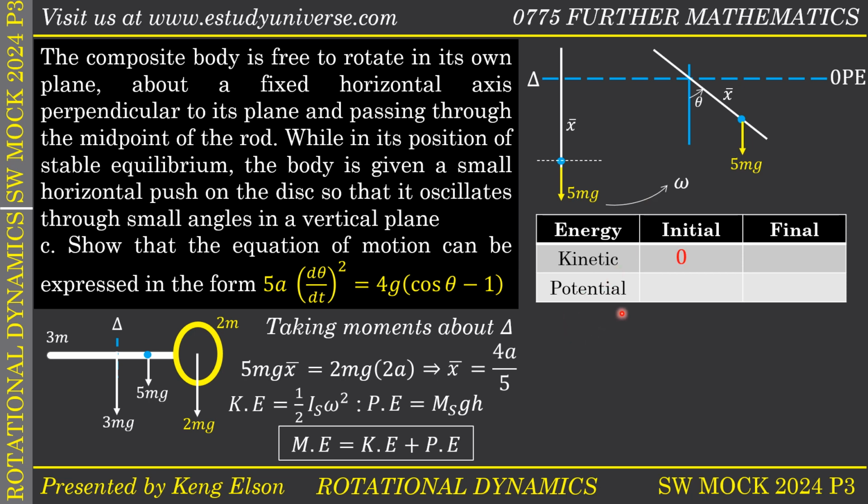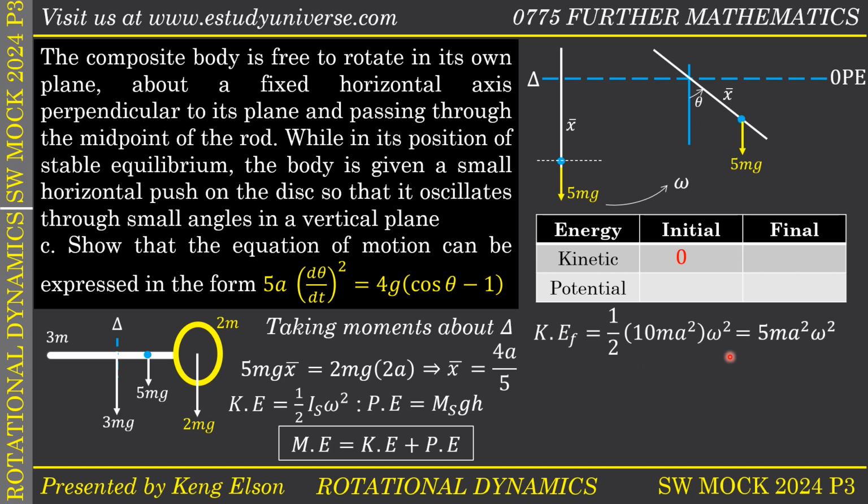What about the final kinetic energy? The final kinetic energy is half times the moment of inertia of the system times omega squared, because at this point now it has an angular velocity of omega, which is the change in the angular displacement with respect to time. You see, theta was now varying at a particular time. So the moment of inertia of the system, we proved previously, was 10 ma squared.